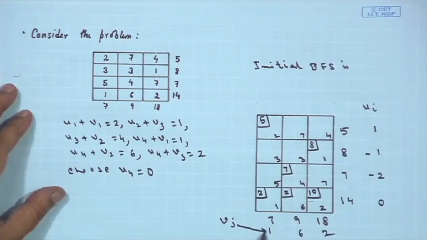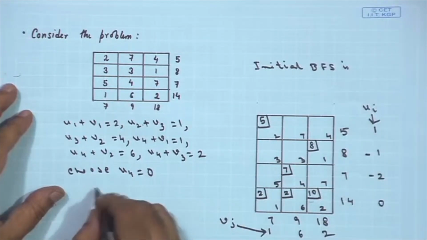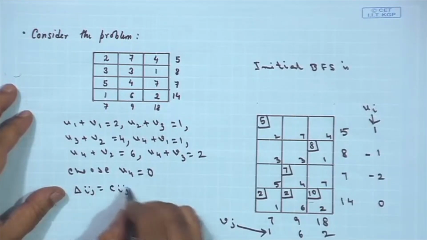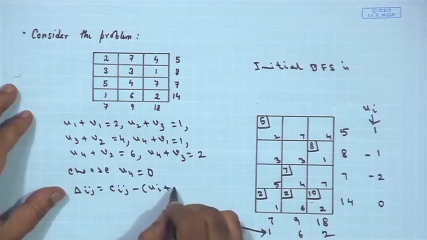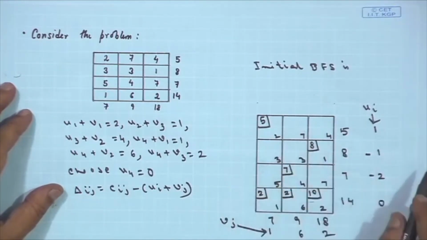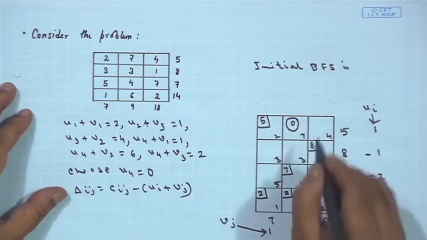So, once I have calculated ui and Vj, then I can calculate delta ij equals Cij minus (ui plus Vj) using this formula. You already know how to calculate this one.